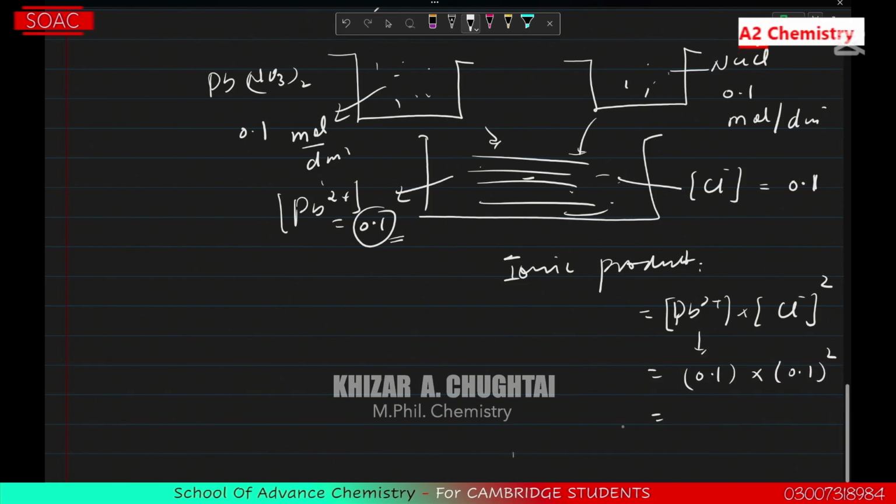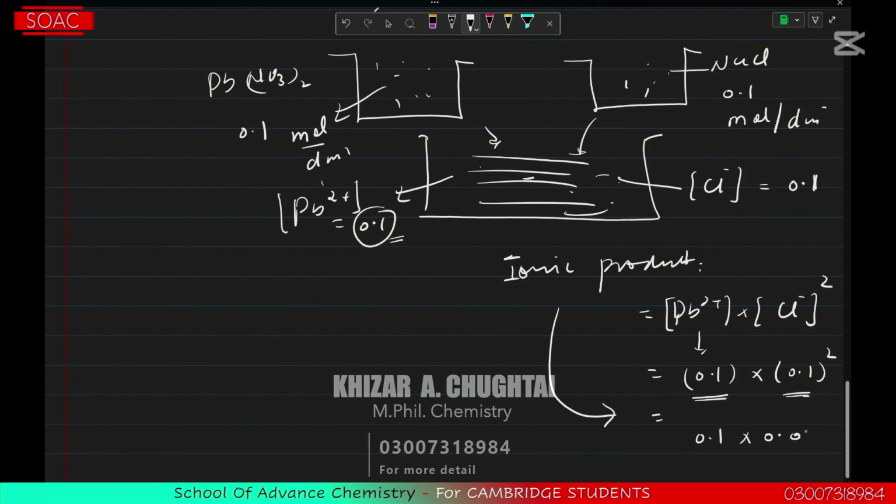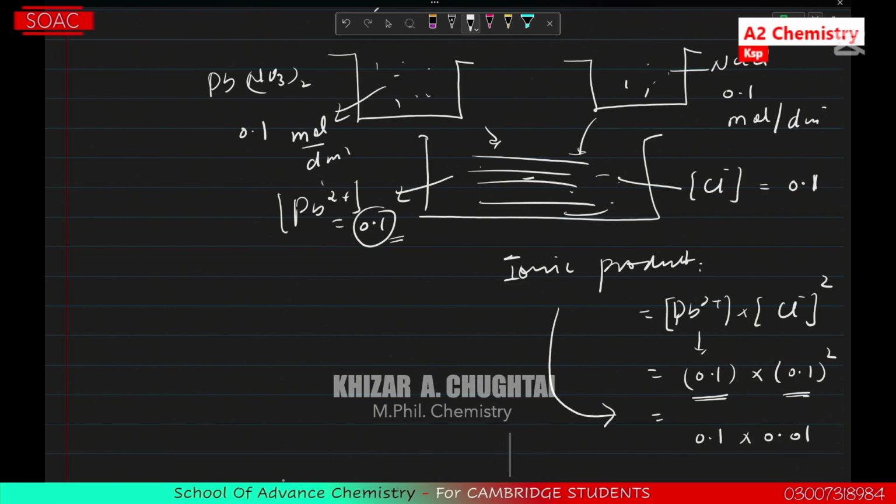So what will be the answer of this new ionic product? It is 0.1 into 0.01, and the answer is 1 into 10 raised to power minus 3.